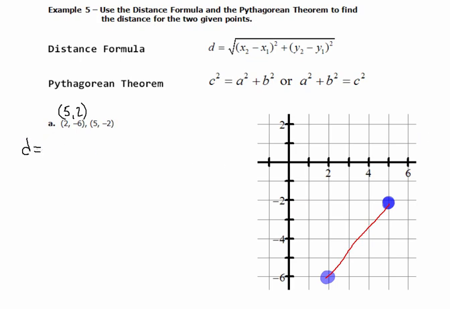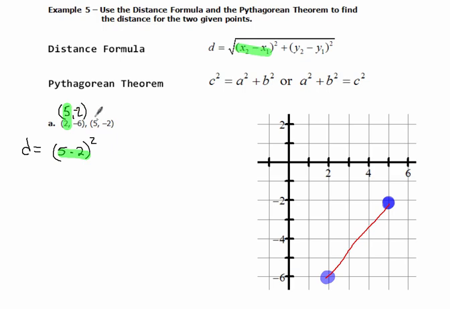Now what you're going to do next is take these two that you've got lined up above each other, the 5 and the 2, and those are going to be this piece right here in our formula. So we're going to write that 5 minus 2 squared. That's going to be that piece of our formula. Now the other piece is going to come from the other parts.